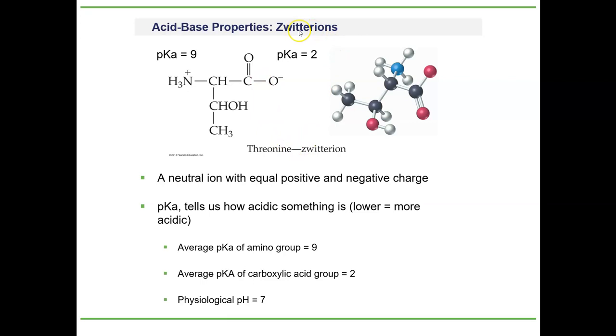The name for that is a zwitterion, which means it's both ions at once. These have unique properties that give them really high melting points and boiling points, and they're very water soluble because of these properties.